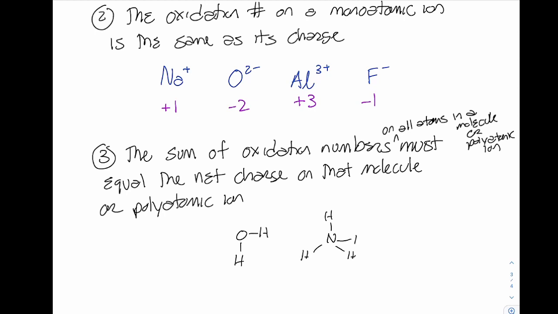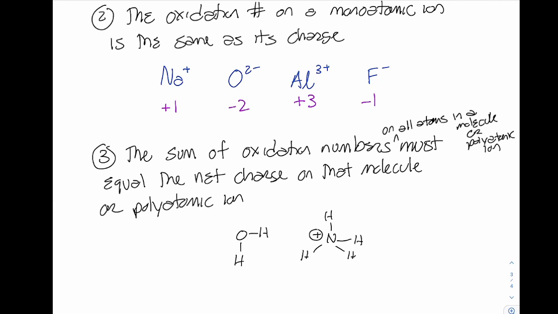ammonium is NH4 plus. We're going to give oxidation numbers to nitrogen and each of the hydrogens. So I'm going to essentially have 5 oxidation numbers, 1 here, 1 here, 1 here, 1 here, 1 here. And then the sum of those, if I add them together, is going to equal a +1 because that's the net charge on that polyatomic ion.